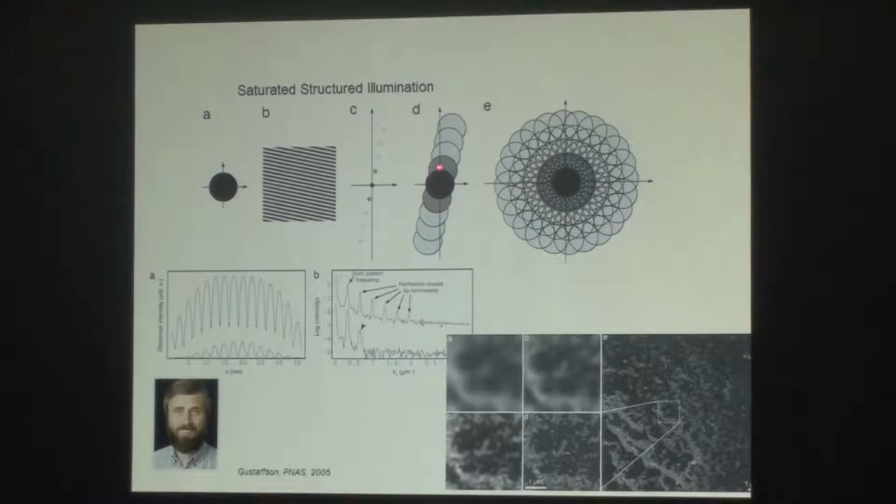This is the conventional field of view, and this is the linear SIM information you collect. And beyond that, the other harmonics can be generated. But you need to use a very high power pulse laser in order to generate these harmonics. But I'm not sure how that is going to affect your biological samples.